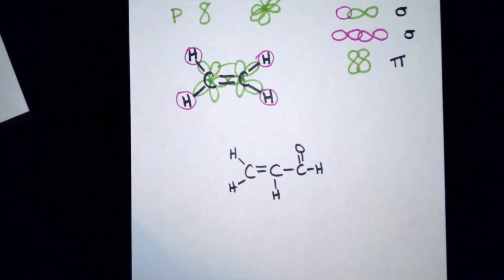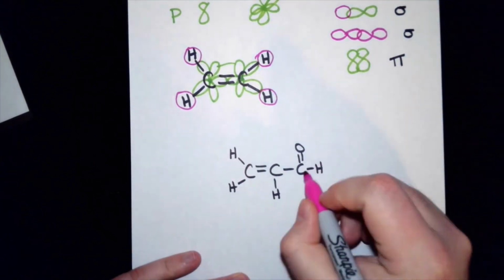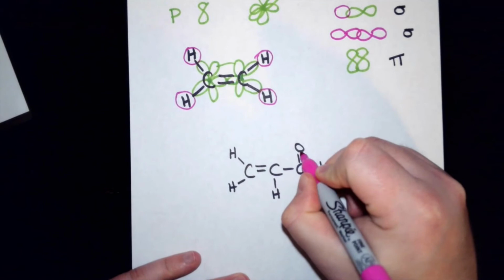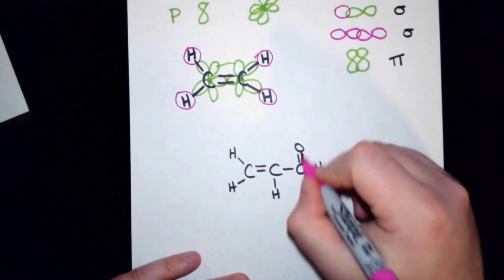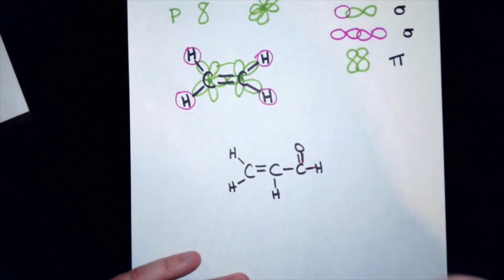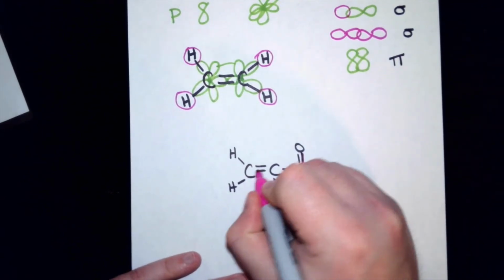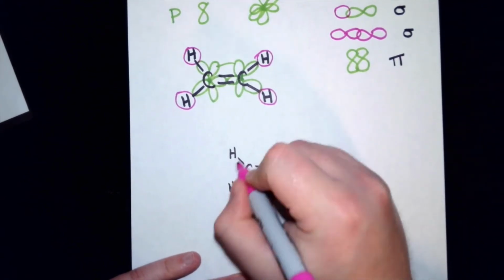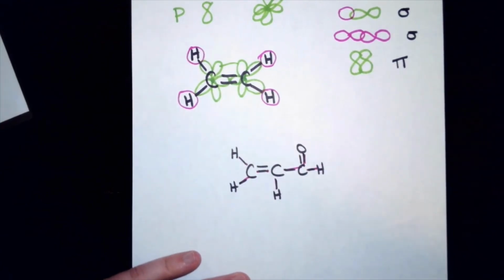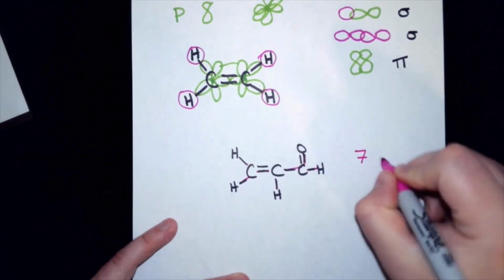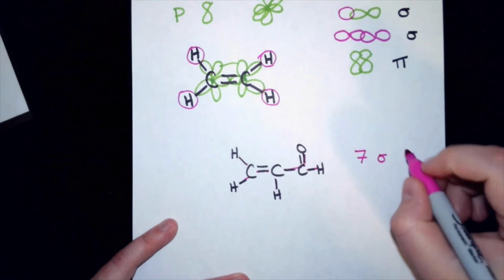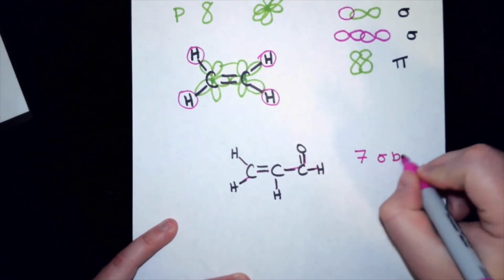So, one sigma bond, and I'm just going over one of those two double bonds there because I'm only counting that site once right now. 3, 4, 5, 6, 7. That is 7 sigma bonds. So basically 7 bonding sites, 7 sigma bonds.